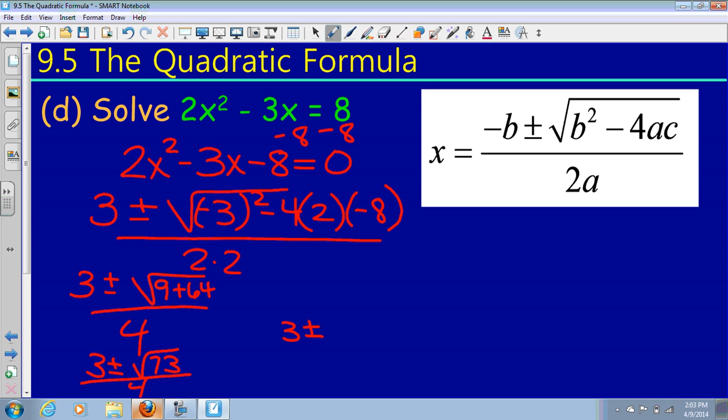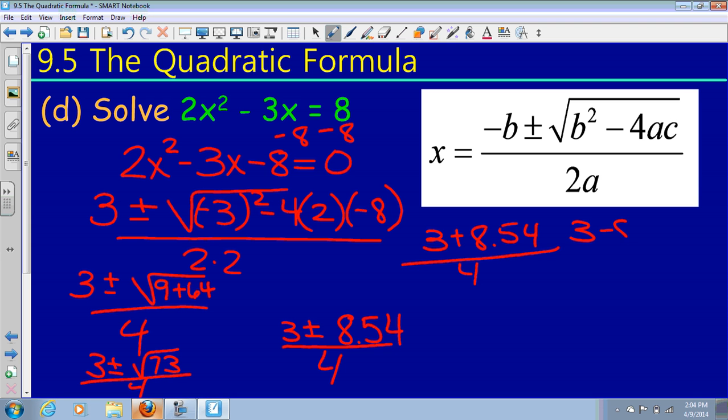Oh, there it is. 8.54. We're going to go to the hundredths place. Okay? All over 4. So now I have 3 plus 8 and 54 hundredths divided by 4, and 3 minus 8 and 54 hundredths divided by 4.